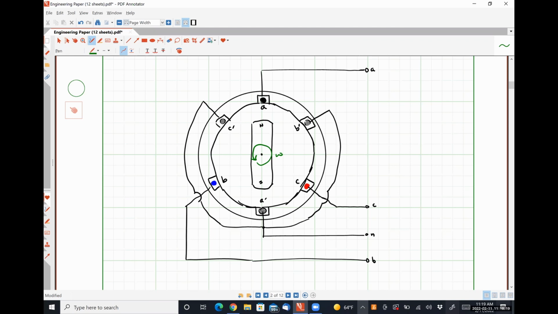So A, A prime, B, B prime, C, and C prime really represent coils, okay?